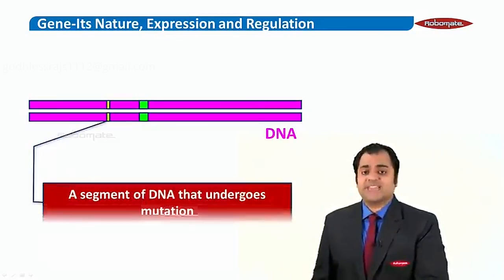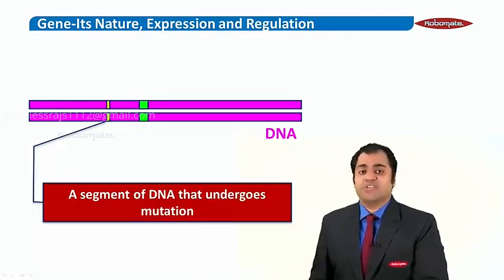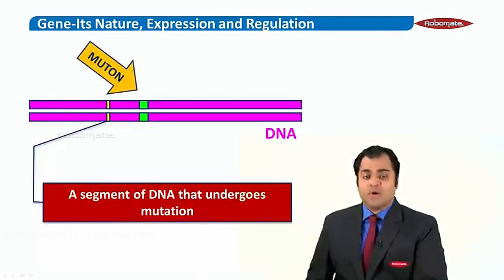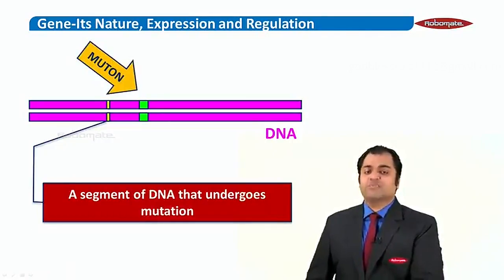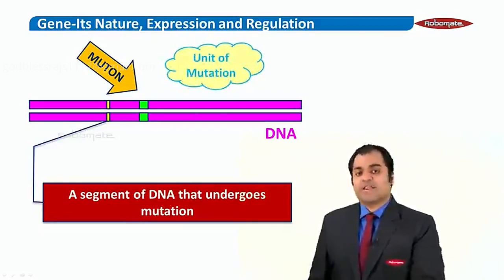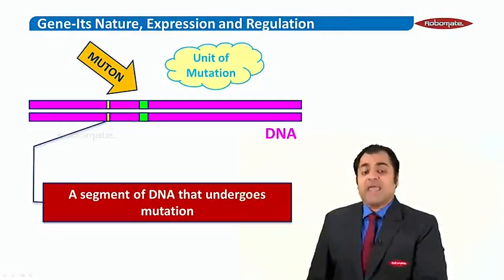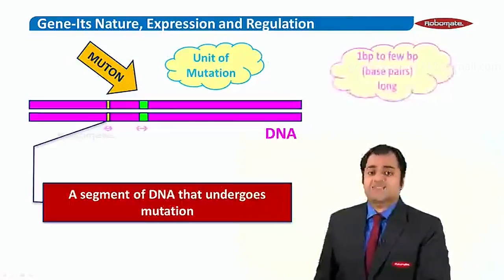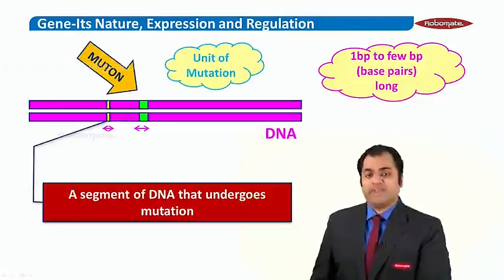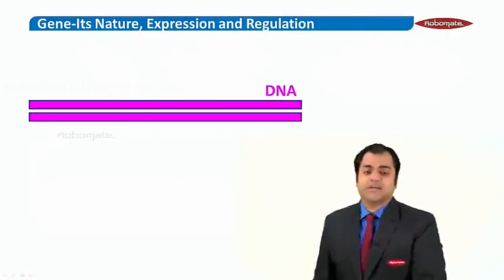But this segment of DNA that undergoes mutation will be specifically called a muton. So what is muton? Muton is the segment of DNA that undergoes mutation, correct? And let me tell you that muton is also called the unit of mutation. If you look at its size, it could be as small as one base pair to about a few base pairs long.